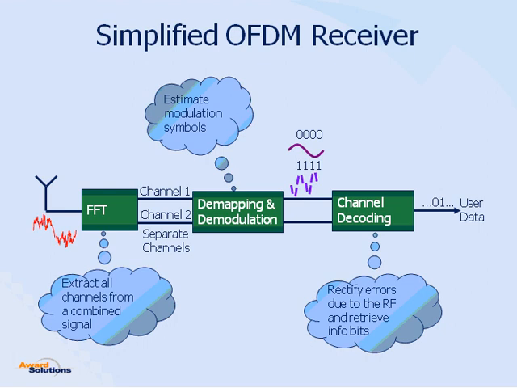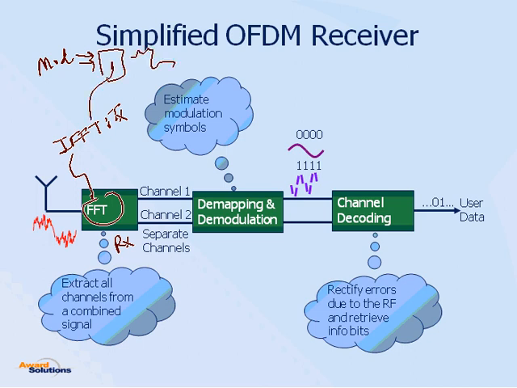At the receiver, we do the opposite processing, as I mentioned. So at the transmitter, we do the IFFT. At the receiver, we do the opposite of that, so it is the fast Fourier transform. The IFFT took the modulation symbols and gave us the strange looking signal. Here, it's the opposite way.